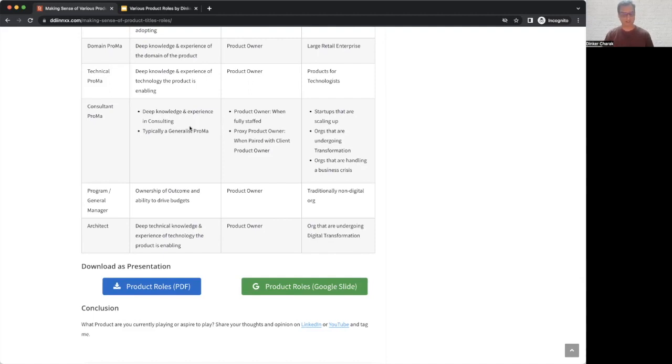They typically tend to be generalists because, being consultants, they get called by a variety of clients for their knowledge of tools and experience in churning out different kinds of products. I've seen that startups that are scaling up do this a lot.